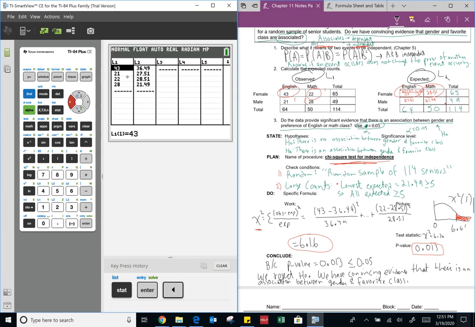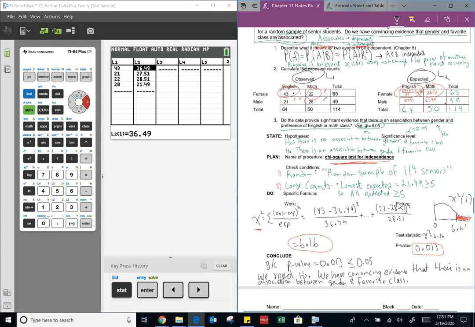So I have 43, 21, 22, and 28. And then my list 2, notice I am matching up the expected values and the observed together. So 43 is what I expected. So in the second list, in list 2, I need to have 36.49 next to it.